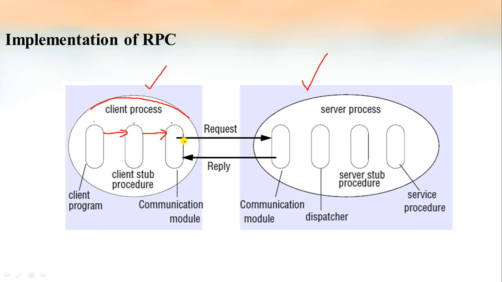The communication module then will forward it to the communication module in the server process. That means the marshaled request message is forwarded to the communication module in the server process. From the communication module in the server process, it will be forwarded to the dispatcher module in the server process.